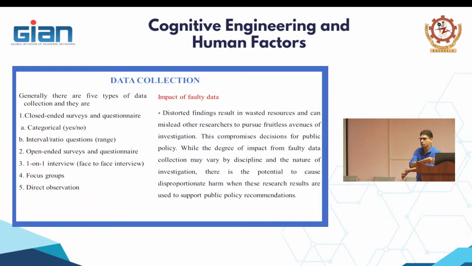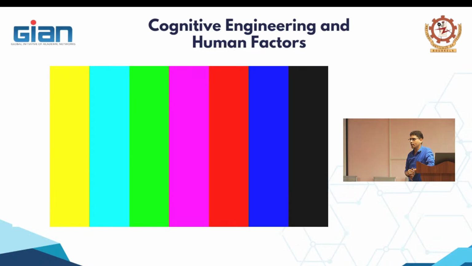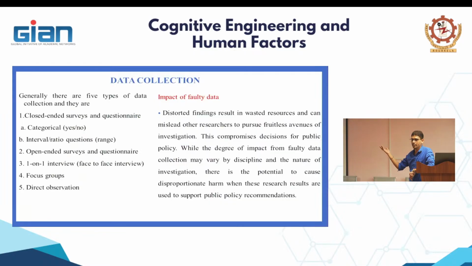Now, as I told, the focus group and one-on-one survey. If you are not taking the correct data from the focus group, then it will result in faulty data. And when you end up with this faulty data, then there may be some problems in your end design. Let's say I asked you to design a particular doorway height, and you have not taken the correct data of all the population who are going to use it.